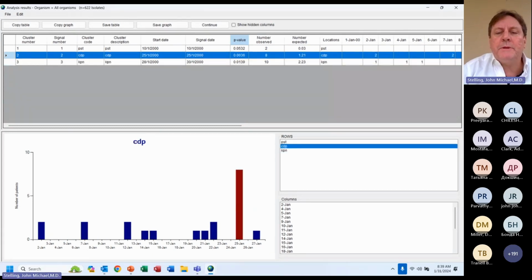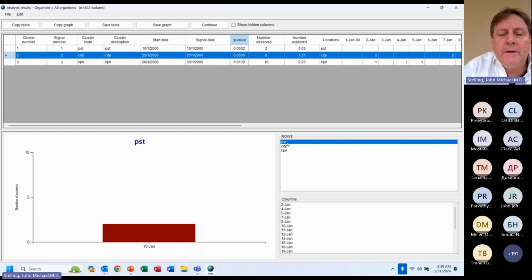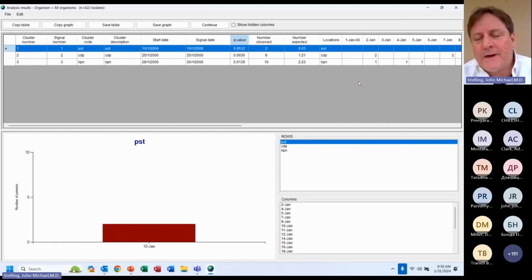You saw the diphtheroids with a p-value of 0.0036. Now you see the graph for Providencia stewardii, and you can see that the p-value is 0.0532. So it is not less than 0.05, which is why you did not see it previously. But now that I set the p-value to a higher number, 0.5, I can see this now.